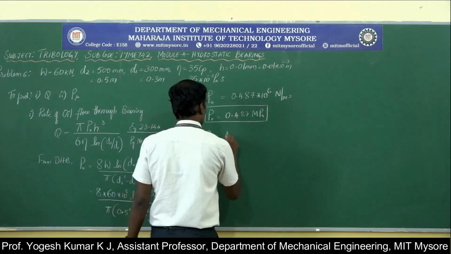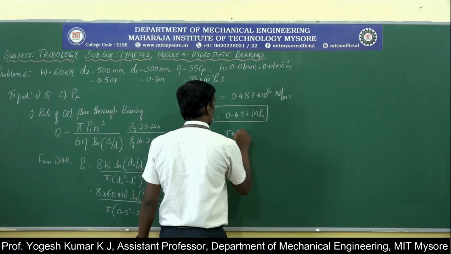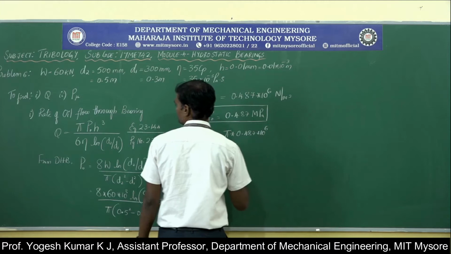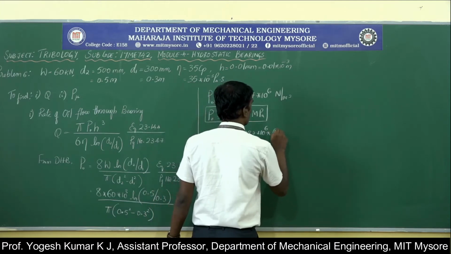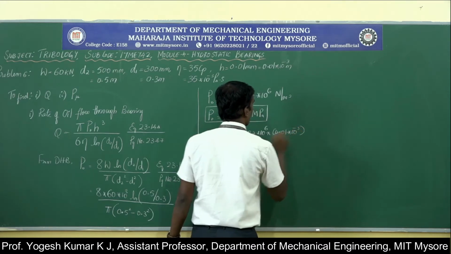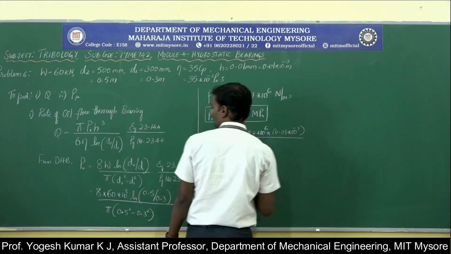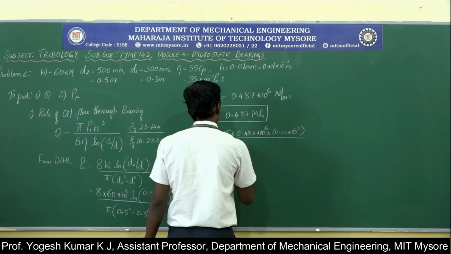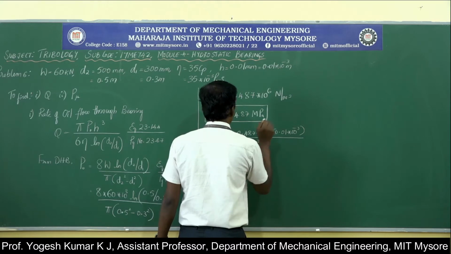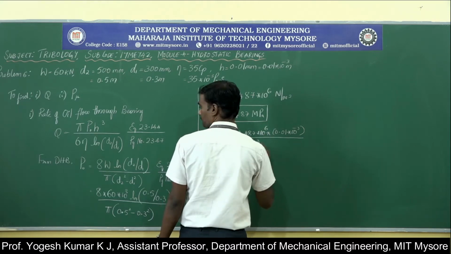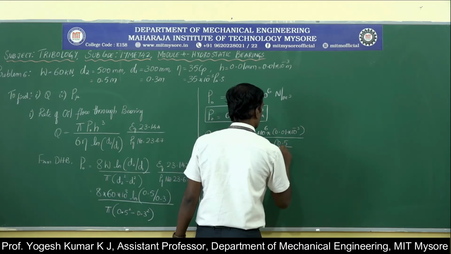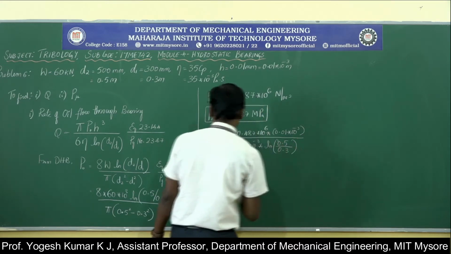Q equals pi into 0.487 into 10 power 6 into h, that is 0.01 into 10 power minus 3 whole thing, divided by 6 into the viscosity, which is 35 into 10 power minus 3, into natural log of d2, that is 0.5, divided by d1, that is 0.3.